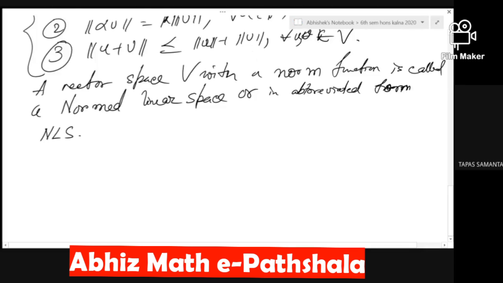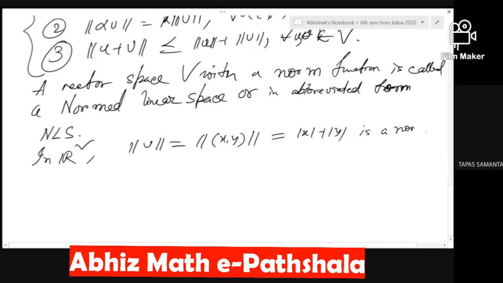For example, in R2, if we define norm of v, where v is the point whose coordinates are x and y, as mod x plus mod y, then it will satisfy the axioms of a norm. So this is a norm on R2.